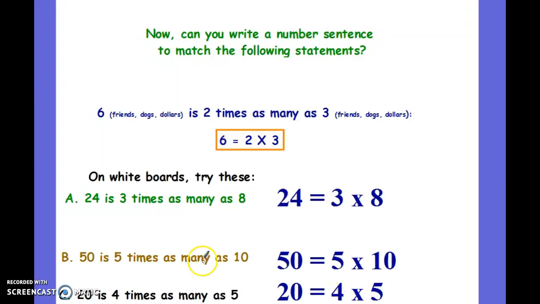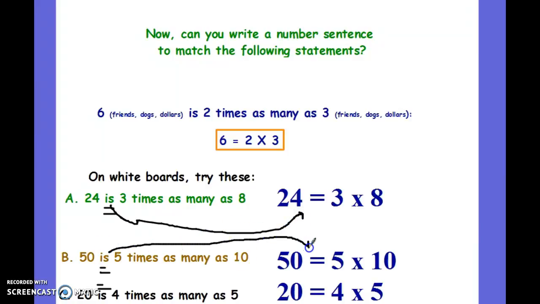I want to point out a couple of key words. Is always equal. So you can see that each time I saw the is, I just transferred that into an equation, made it an equal sign. Times is always a multiplication symbol. So when you see key words in word problems, change them to number sentences that make sense for math.